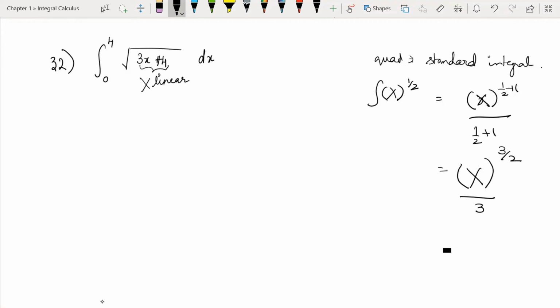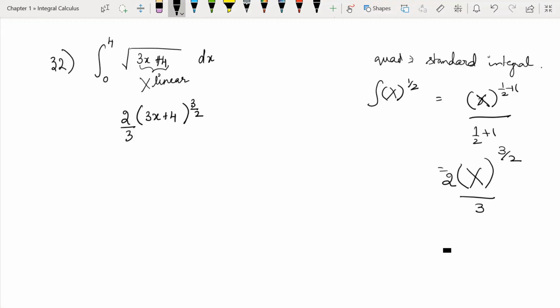The numerator I will take this 2. So this is what we get. So now I'm going to just repeat it here. 2 by 3. Capital X is nothing but 3x plus 4. Whole thing raised to the power of 3 by 2.